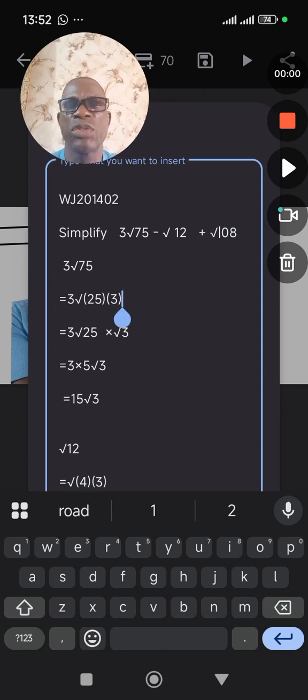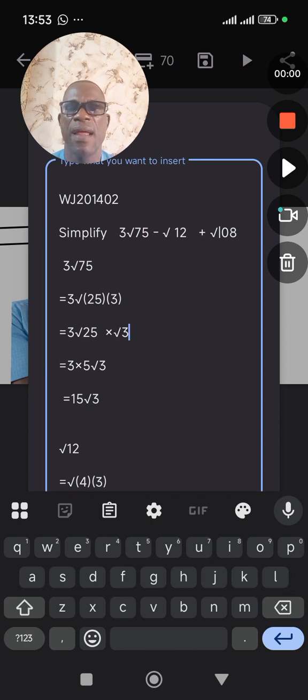And now we arrive at 3 square root 25 times 3, which becomes equal to 3 square root 25 times square root 3. The square root of 25 is 5. Now it becomes 3 times 5 square root 3.